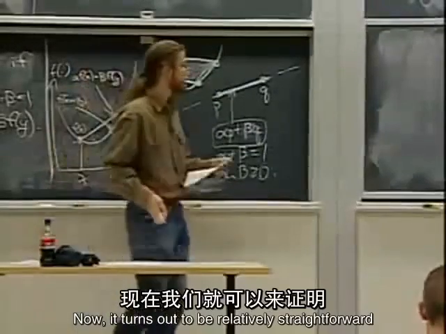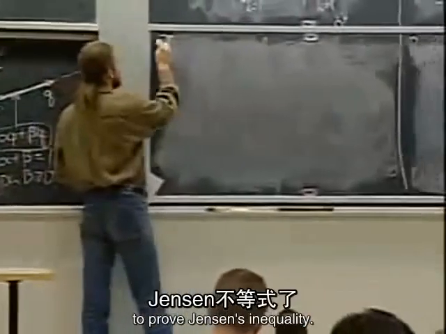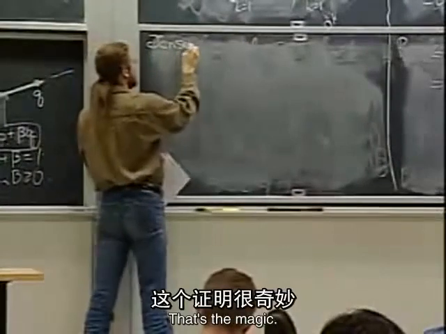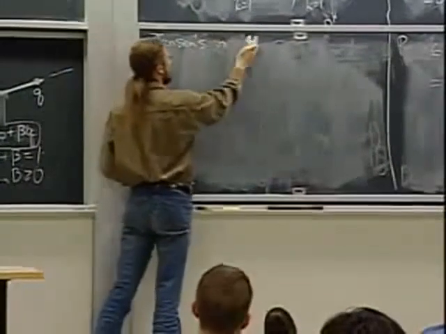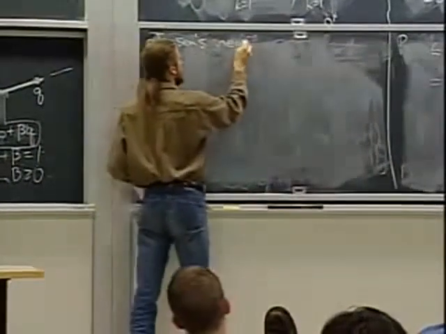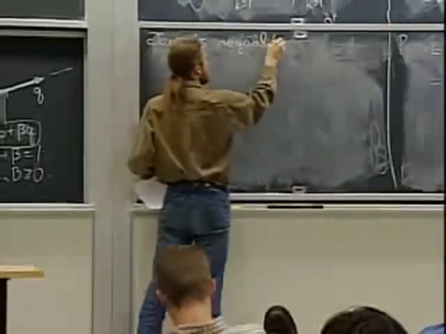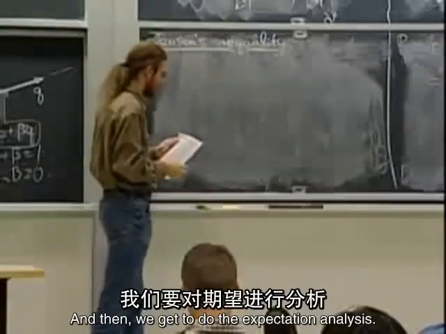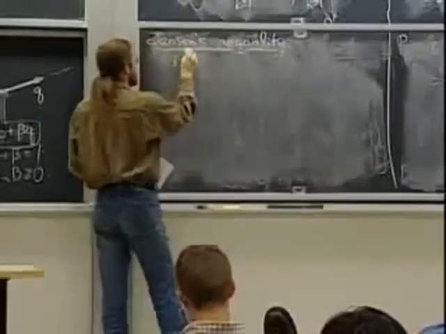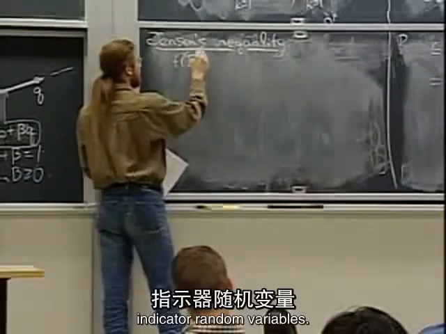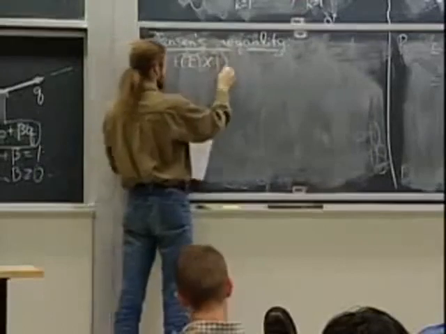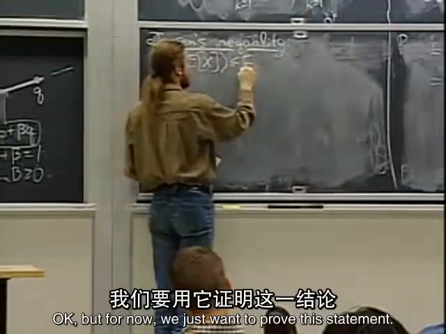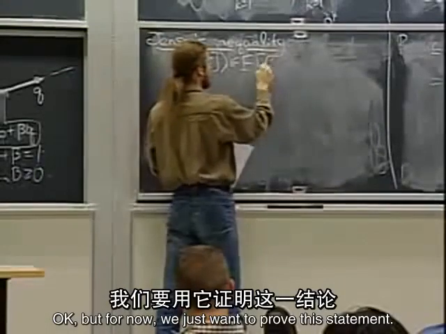Now it turns out to be relatively straightforward to prove Jensen's inequality. That's the magic. And then we get to do the expectation analysis, where we'll use our good friends, indicator random variables. Okay, but for now, we just want to prove this statement.